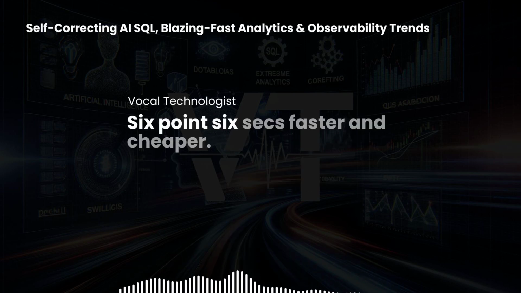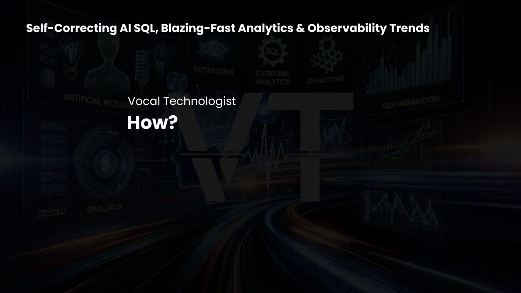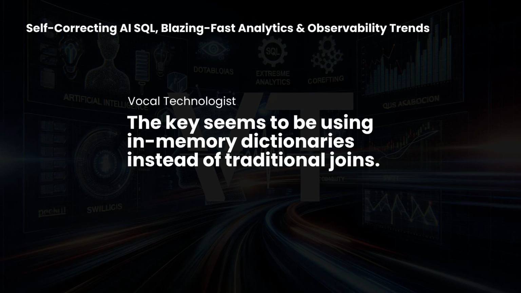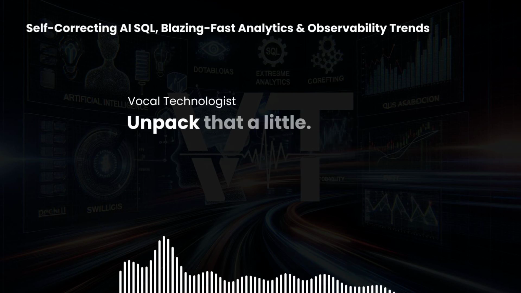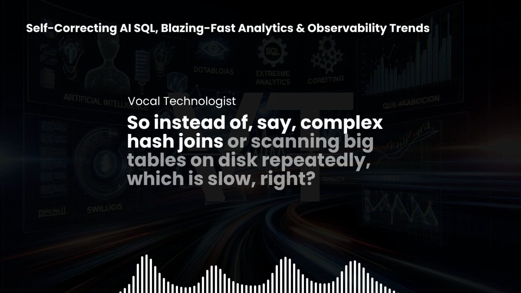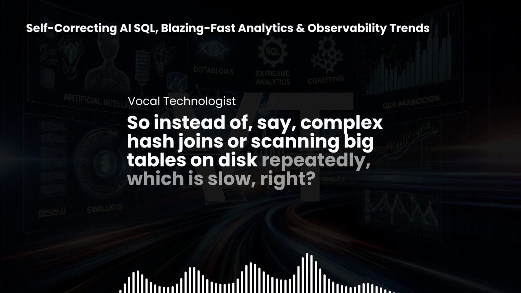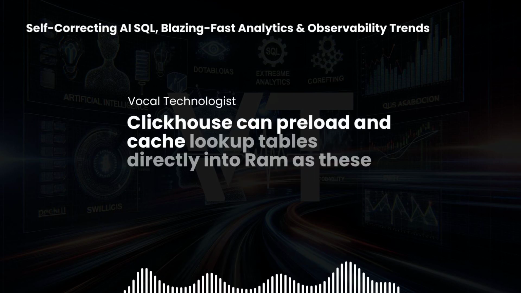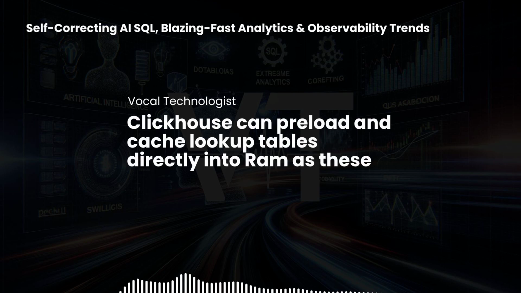Whoa, 6.6x faster and cheaper. How? What's the secret sauce? The key seems to be using in-memory dictionaries instead of traditional joins. In-memory dictionaries. Okay, unpack that a little. How's that different? Sure. So instead of, say, complex hash joins or scanning big tables on disk repeatedly, which is slow. Right, ClickHouse can preload and cache lookup tables directly into RAM as these dictionaries.